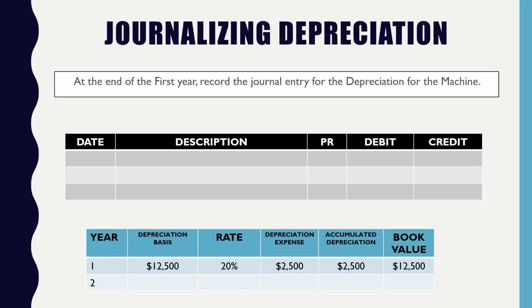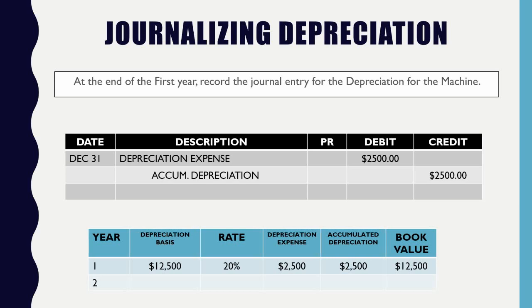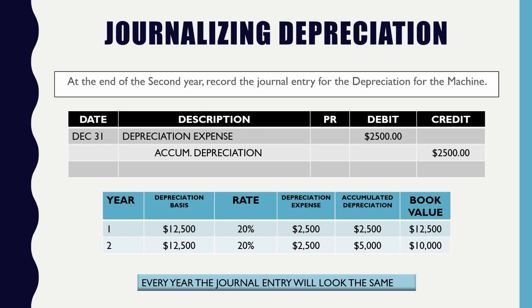Depreciation expense is 2,500. Good. And then what's my credit? Accumulated depreciation, the same amount. Good. 2,500 credit. Good. And then my second year, right? Every year your journal is going to look identical as well.